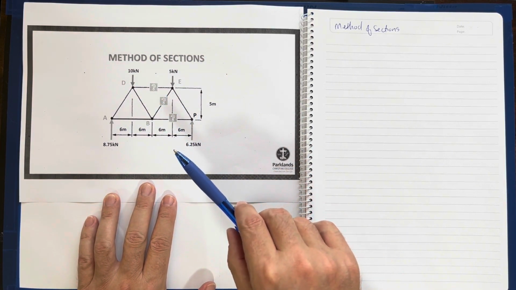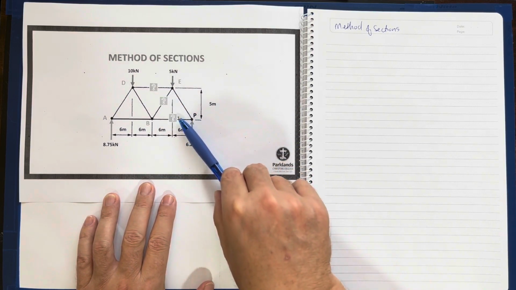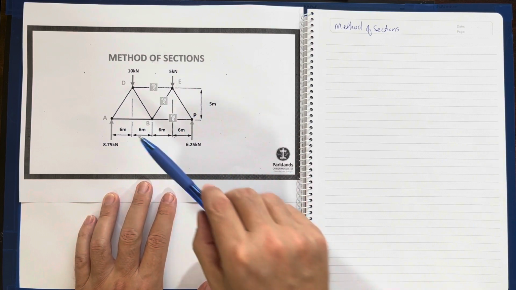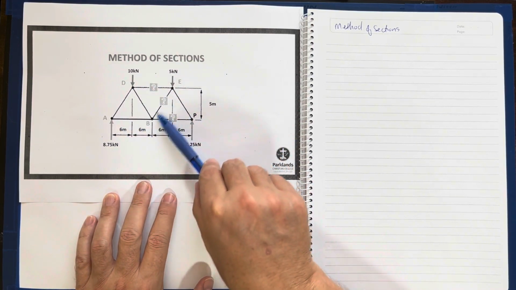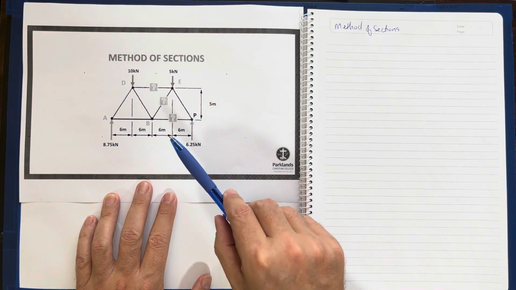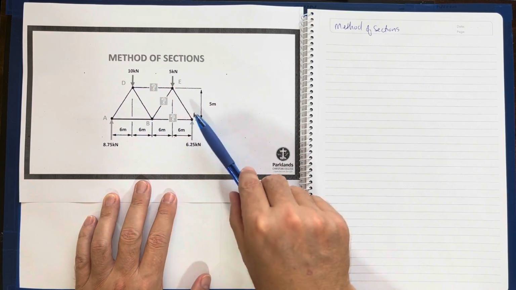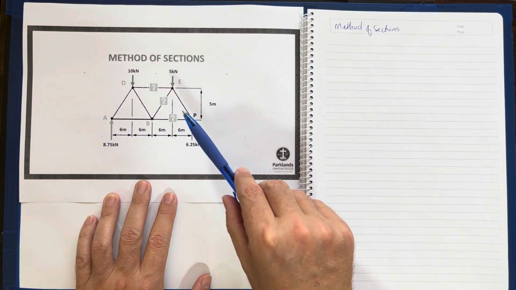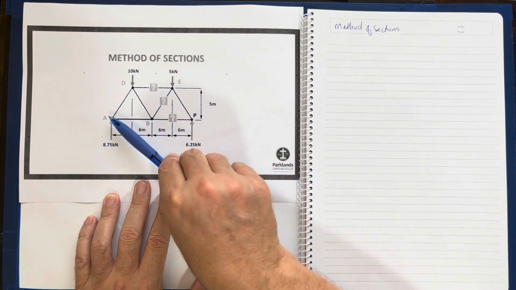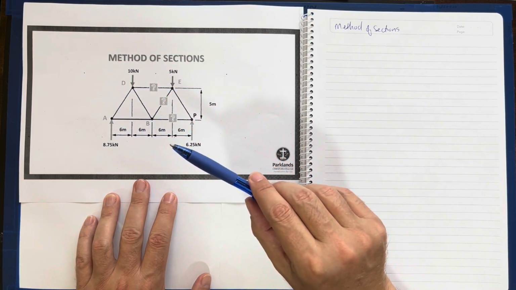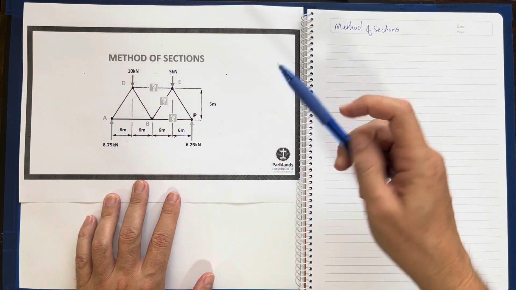This approach to solving the force in members says, number one, at any point on a truss bridge, if the entire truss is in equilibrium, then at any point there is equilibrium.